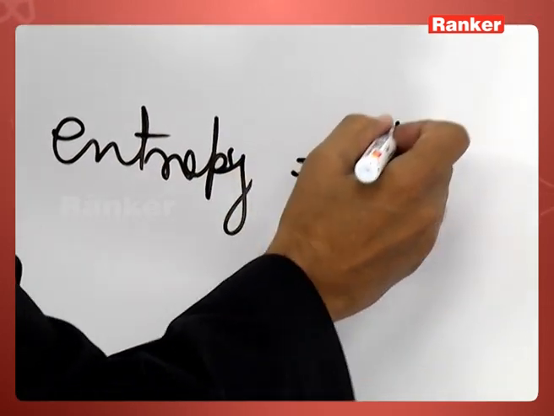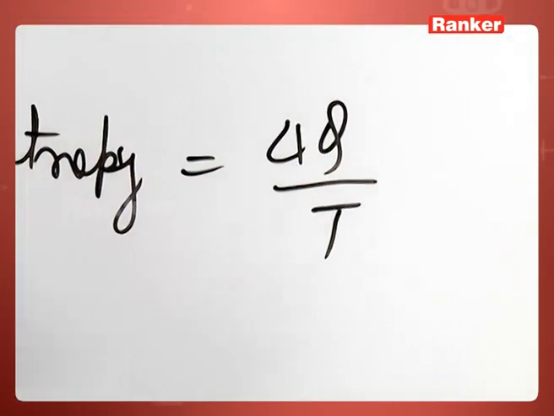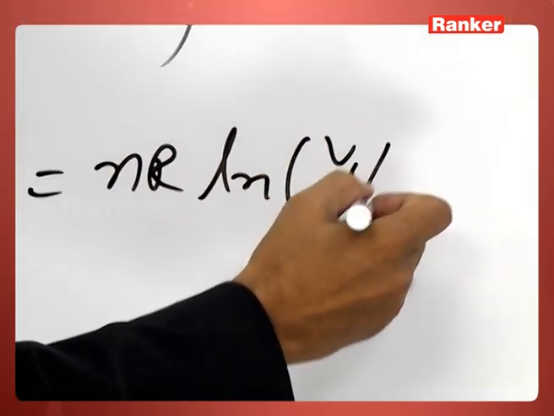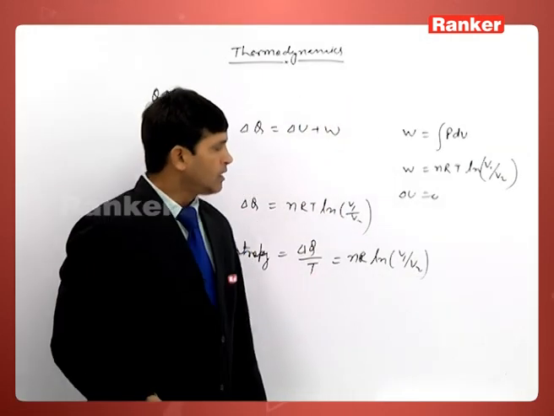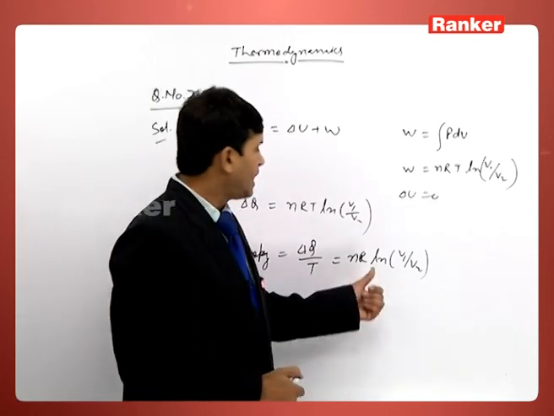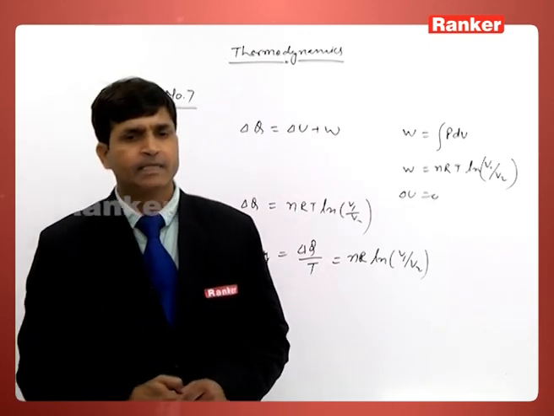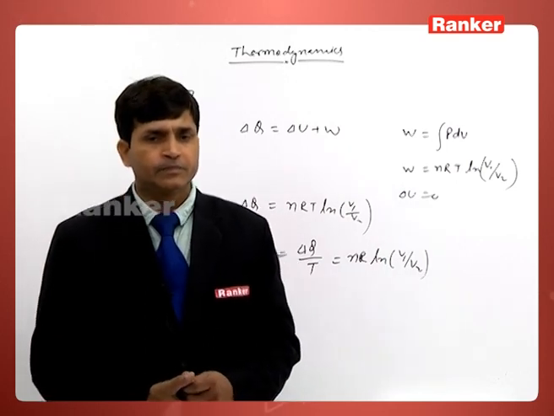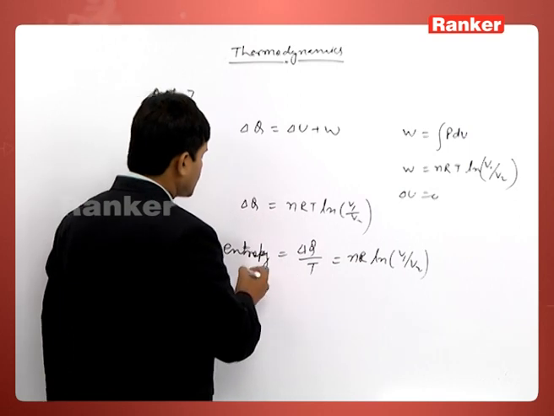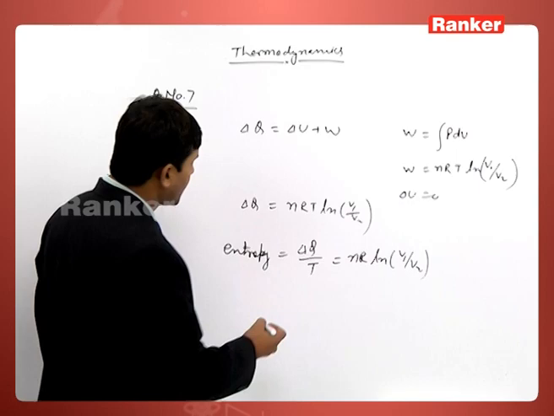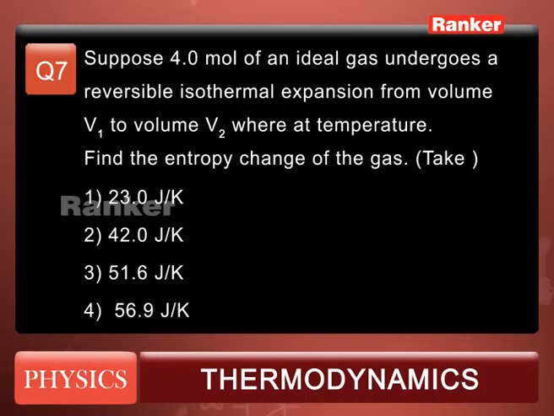Entropy is delta Q by T, which is nR ln V2 by V1. Now the value of n is given as 4 moles, R is the gas constant, and the volumes are V1 to V2. Substituting the values, we will get 23 joule per Kelvin. Hence option number first is the correct option.